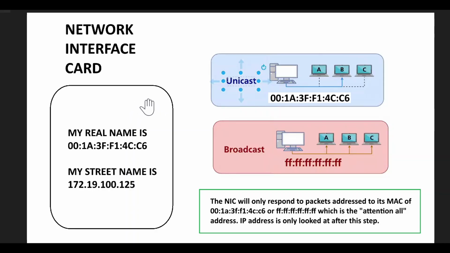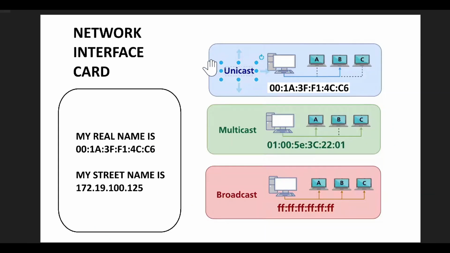This is a perfect example of when it comes to the computer and networking type world, that there's always exceptions to the rule, and this is one that applies here. And the exception is that there's actually three kinds of MAC addresses that it will pay attention to.